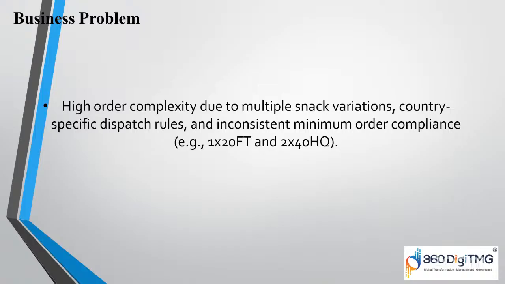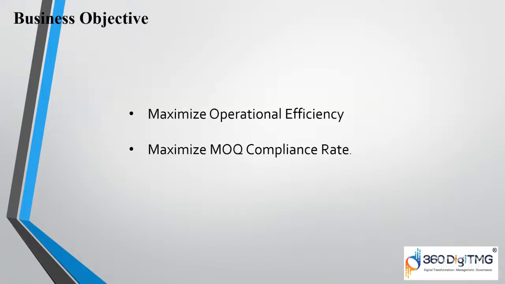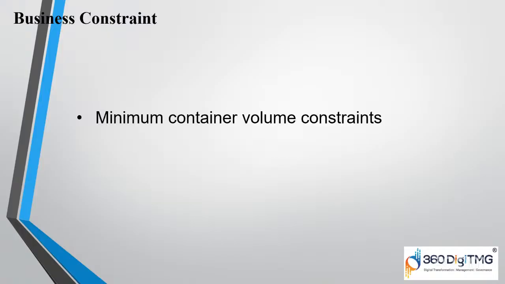The third, ensuring minimum order compliance like 20 feet and 40 HQ container. So the objective is clear: maximize efficiency, reduce manual error, and ensure global logistic compliance. This is the business objective. And then constraints, limitations, right?